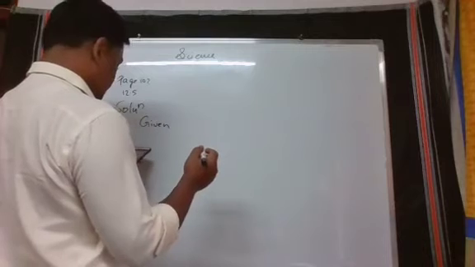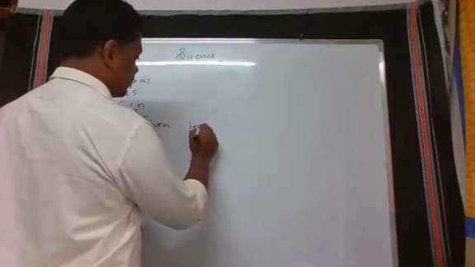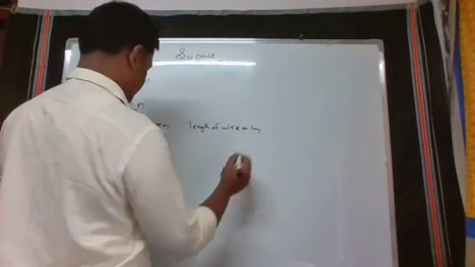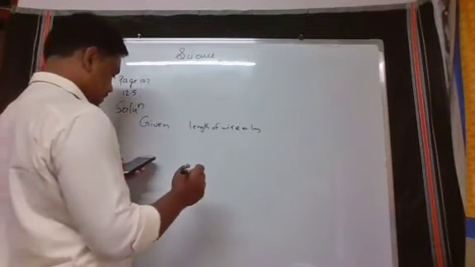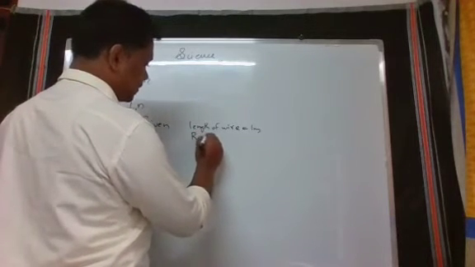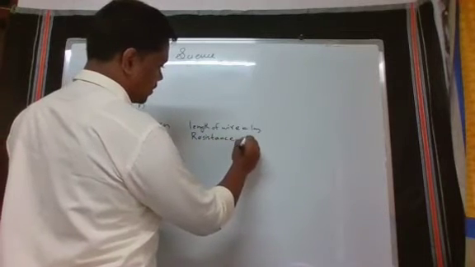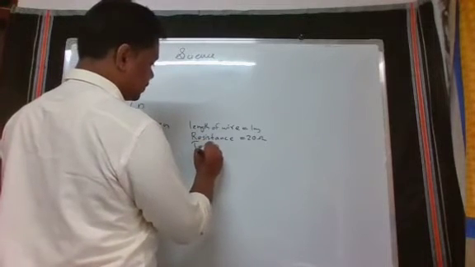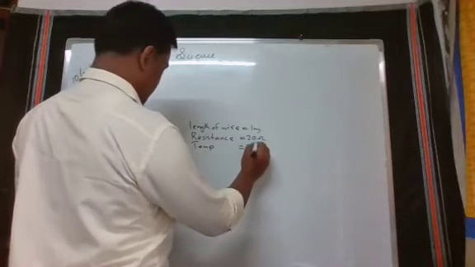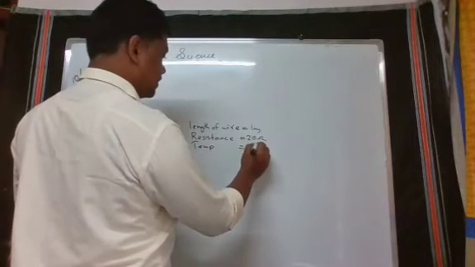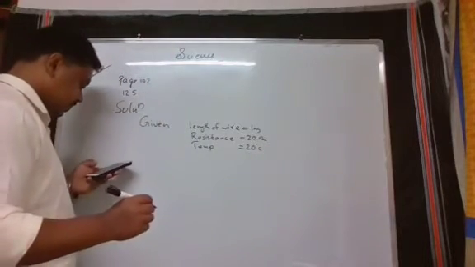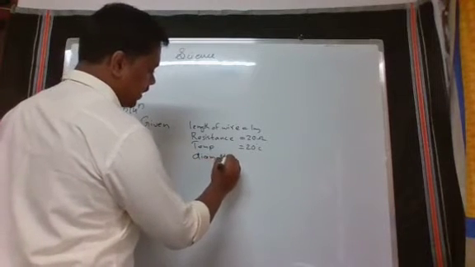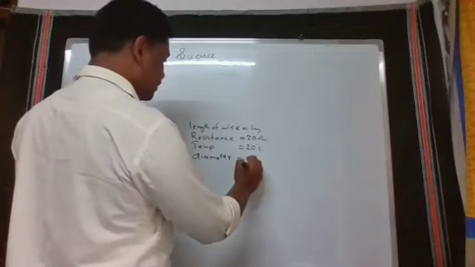Given that length of wire is 1 meter, then resistance 26 ohm, then temperature 20 degrees Celsius, then diameter is equal to 0.3 mm.